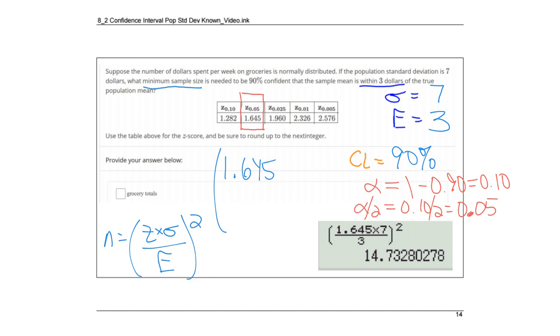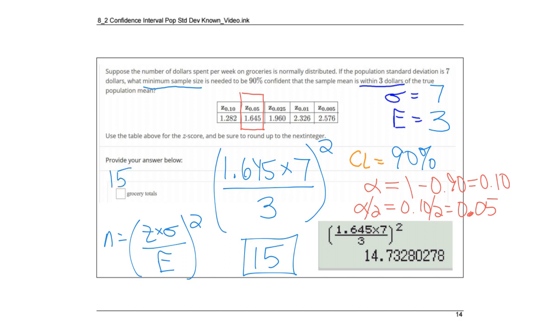Okay, so then in the calculator we have 1.645 from the z table times the 7, that's our population standard deviation. We have our margin of error on the bottom, 3, and we're going to square that. And we get 14.7328. So that one looks like it's supposed to round up. That one's not as weird looking.